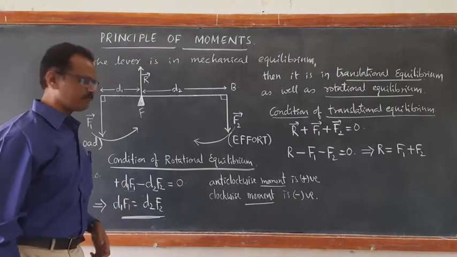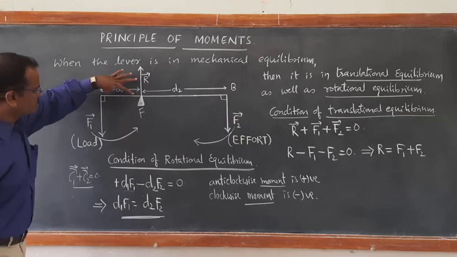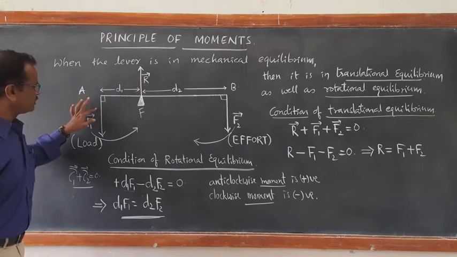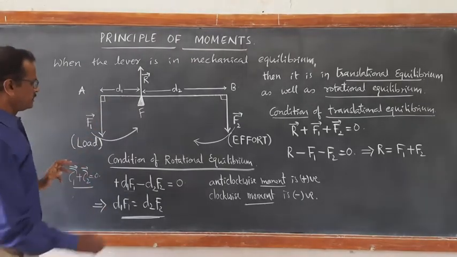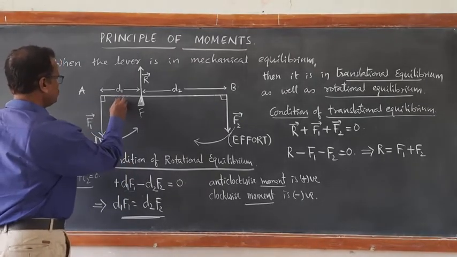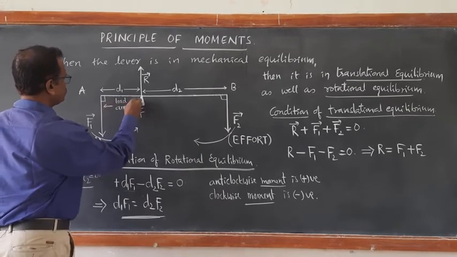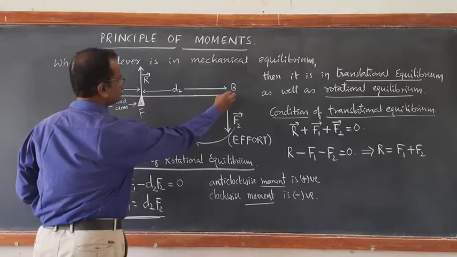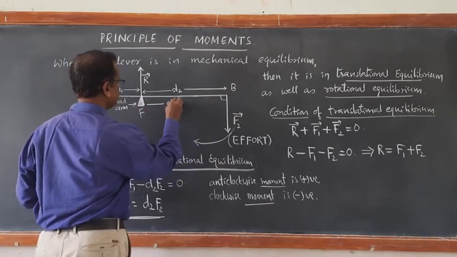What is principle of moments? Look at the diagram. What is given? The distance of F1 or distance of load from the fulcrum. It is called as load arm. D1 is called as load arm. Right? And this D2 is called as effort arm.